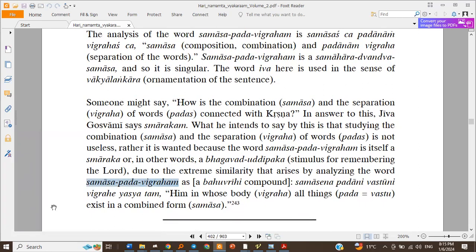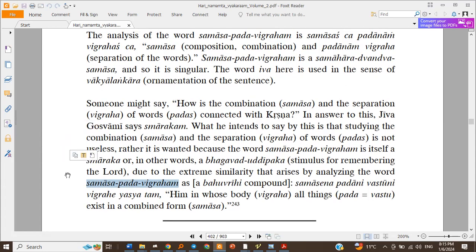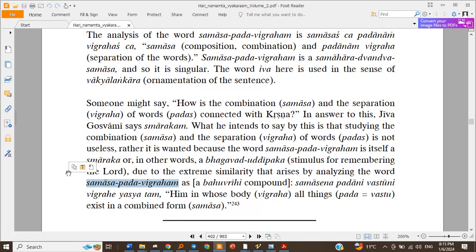This is one compound. We saw one explanation in this paragraph; here it is being explained differently when it is related to Krishna. So samasa gives anyone scope to jump in and do some speculation, some brainstorming.